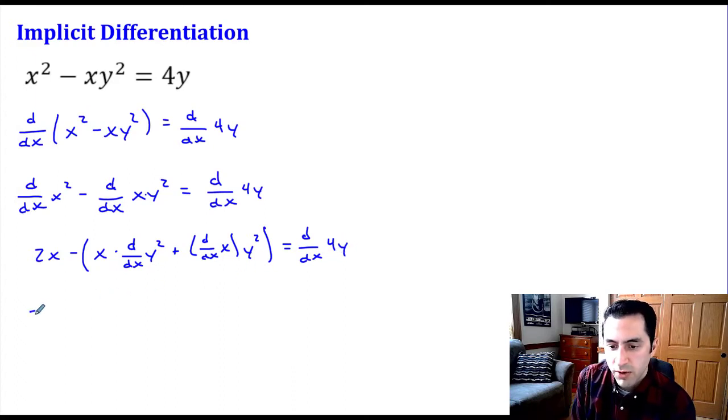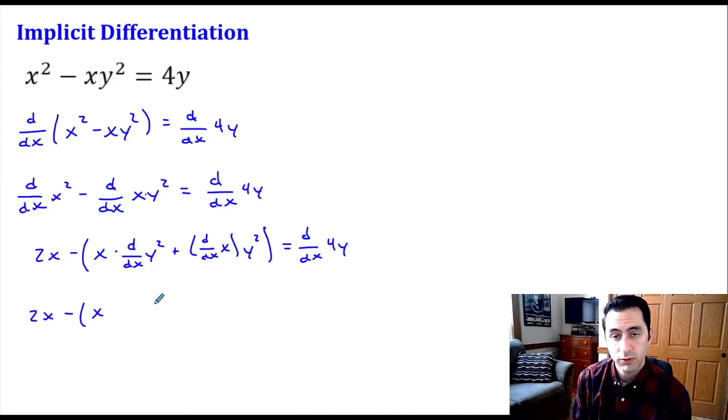Now I can talk about what we do when we take the derivative of the variable y. Inside the parentheses, I have x, and then the derivative with respect to x of y squared. We can still use all of our normal derivative rules, but I need to include one extra thing. The derivative of y squared, using the power rule, is 2y.